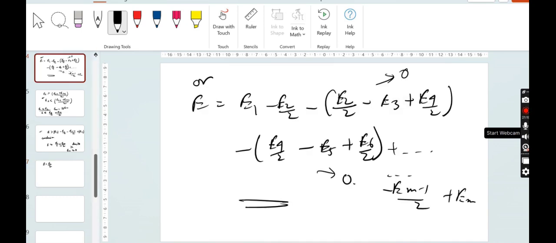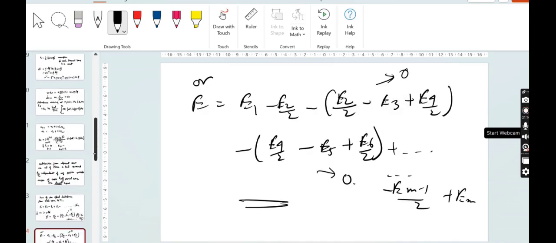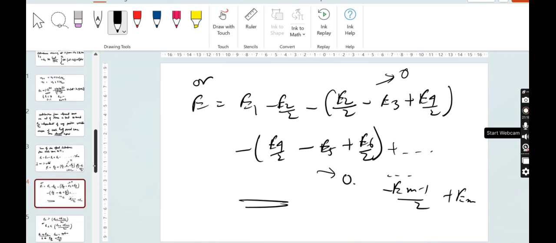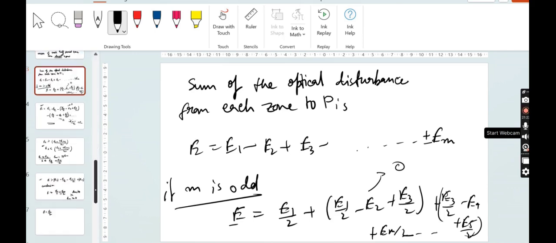These are all done when M is odd. Okay, remember that.